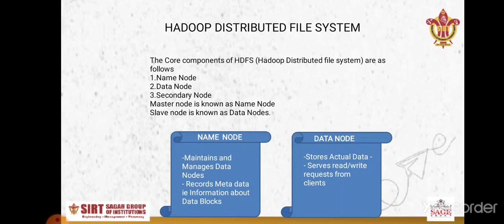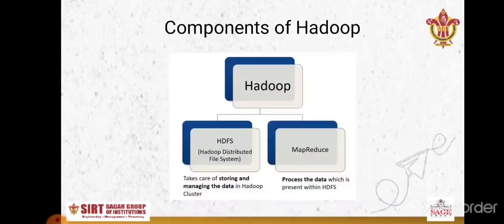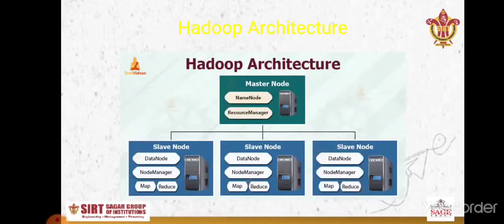What the name node does is maintain and manage the data nodes. You can see with this figure: we have the master node, known as the name node, and in its child it has slave nodes, which refer to the data nodes.